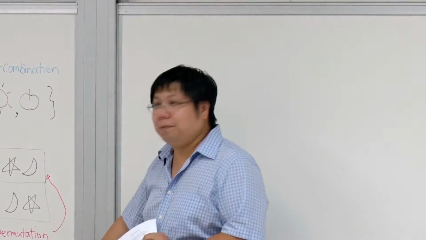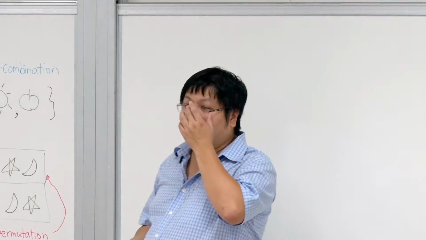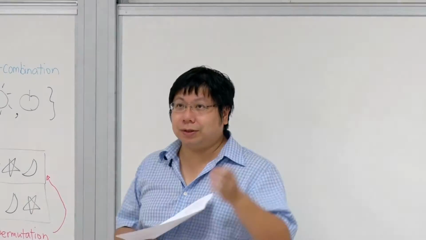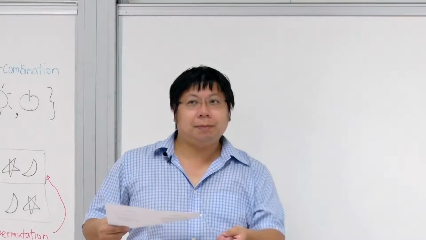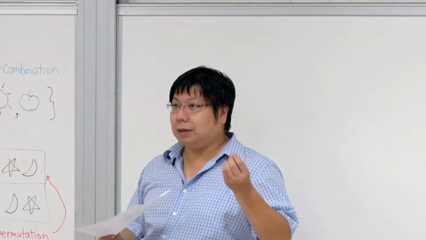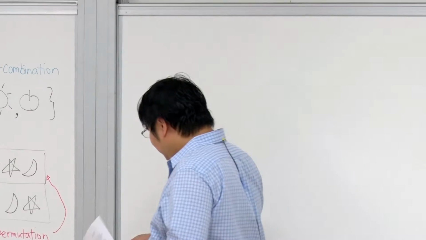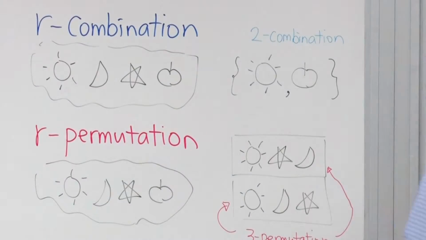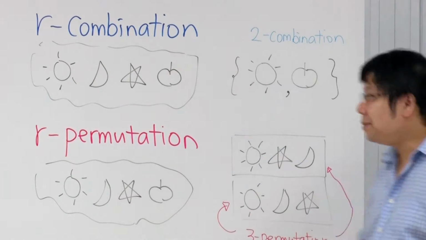For most of the problems, we are interested in counting the number of ways to select or the number of ways to arrange. So this is going to be a counting problem. For this, we define further notation.